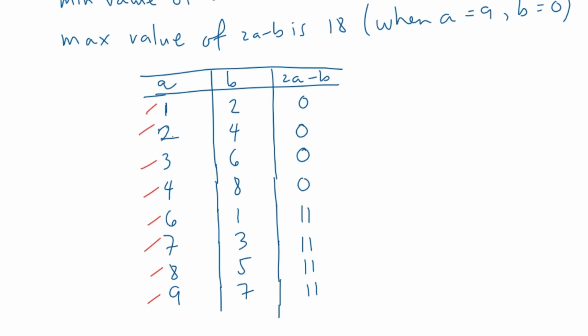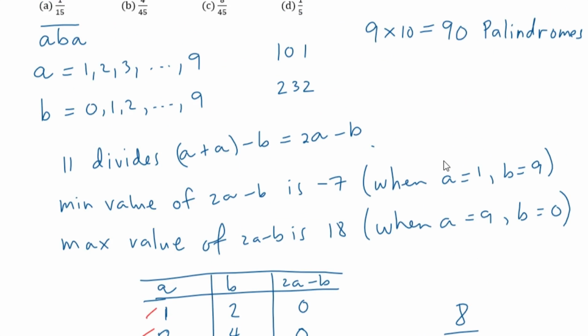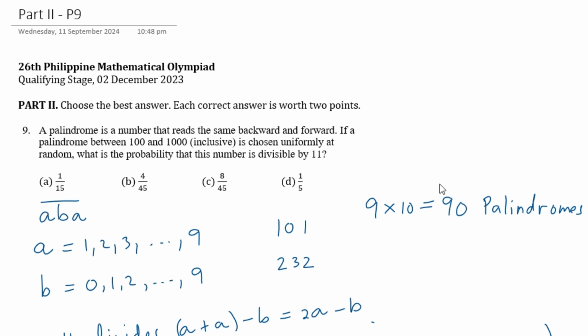So the required probability is 8 over 90, which is equal to 4 over 45. So the final answer is 4 over 45, and that is answer choice B.